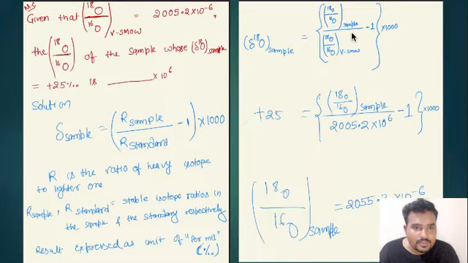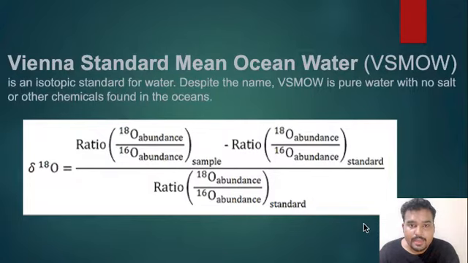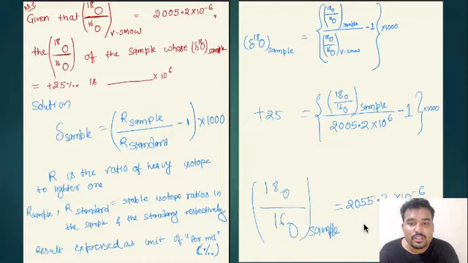So we'll simply put the values. So delta sample क्या लिखा हुआ है, प्लस 25. It is already given. This we don't know, the 18 to the 16 ratio, that we have to find. And the given 18 to the 16 ratio of the standard value is this much. We'll put it over here. When we solve this, we'll get the value 2055.3 into 10 to the power minus 6.